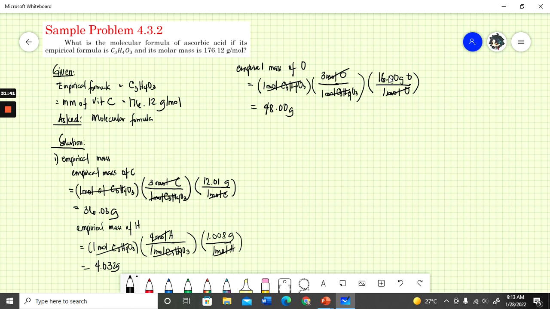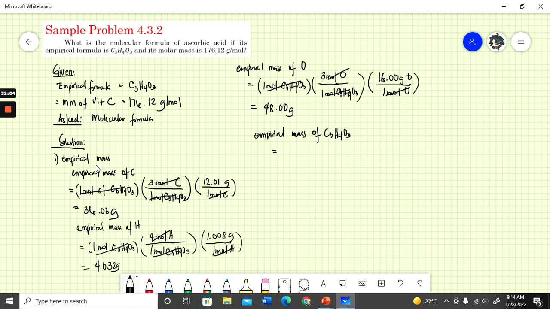Okay, now that we found the individual empirical mass of each element, you want to find the empirical mass of your compound. The empirical mass of C3H4O3: you just want to take each individual mass of your compound.